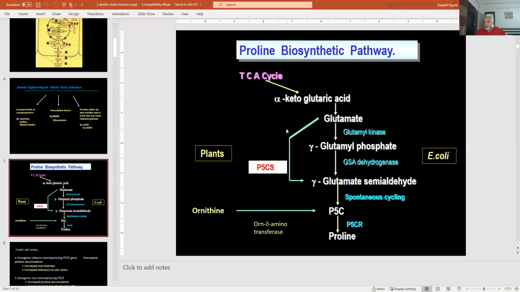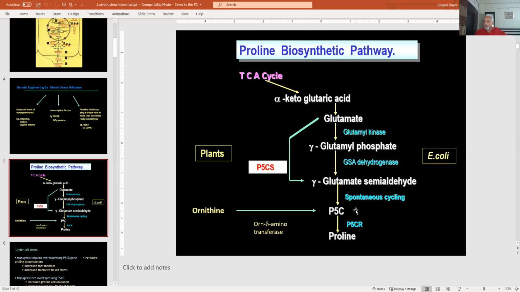So over the evolution from E. coli to plants, these two genes got fused, having both the functions of Pro-A and Pro-B. What happens in plants is that glutamate is acted upon by P5CS and converted to glutamate semialdehyde, gamma glutamate semialdehyde.